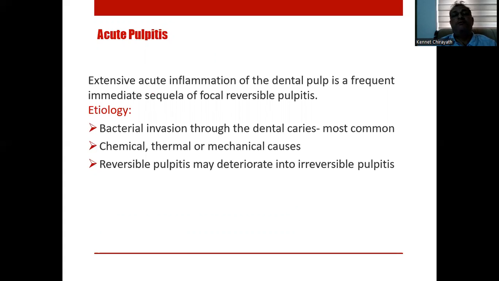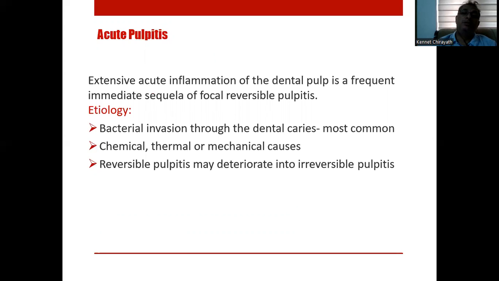It is a frequent immediate sequela of focal reversible pulpitis. The etiology is bacterial invasion through dental caries, which is most common, and chemical, thermal or mechanical causes. Reversible pulpitis may deteriorate into irreversible pulpitis.